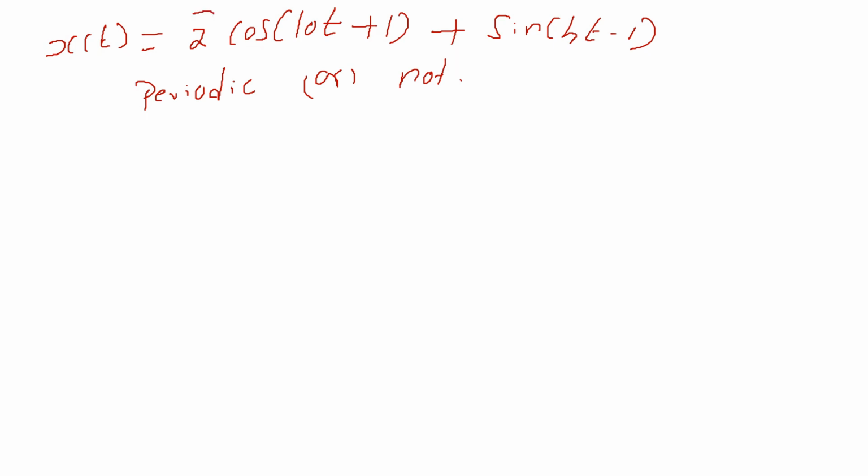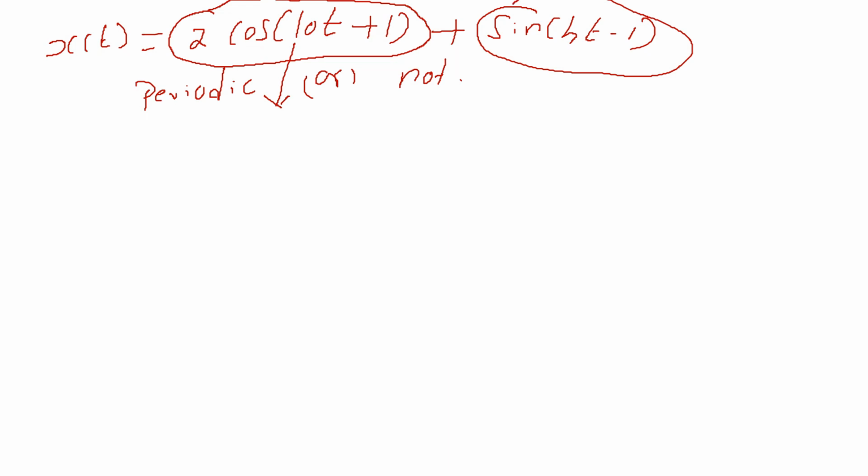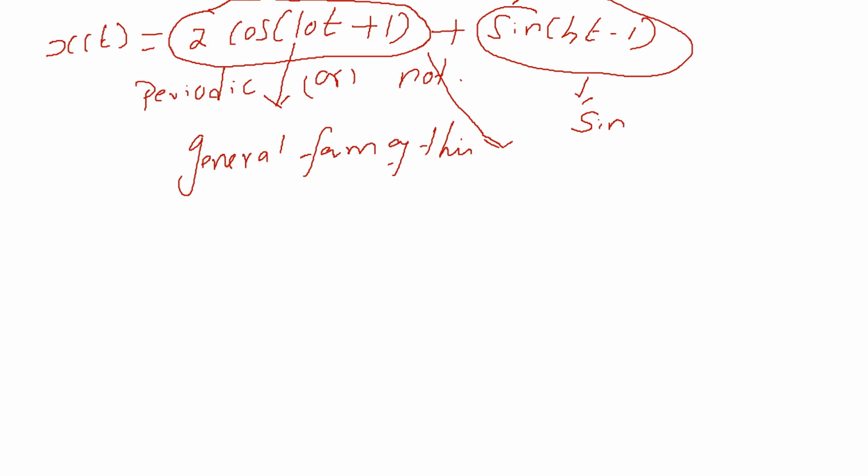This particular signal is a combination of two signals actually. This particular part is signal 1, that is nothing but a cos wave, and this one is nothing but the sine wave. The general form of this kind of signal is cos of omega t, and the general form of this particular signal is sine of omega t.